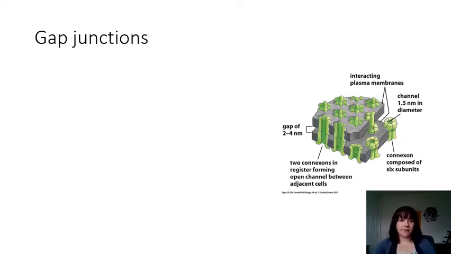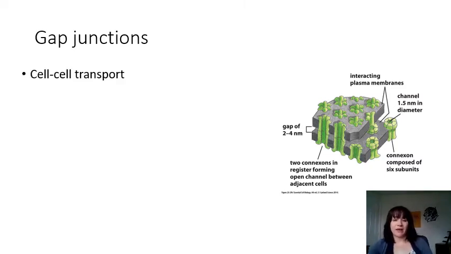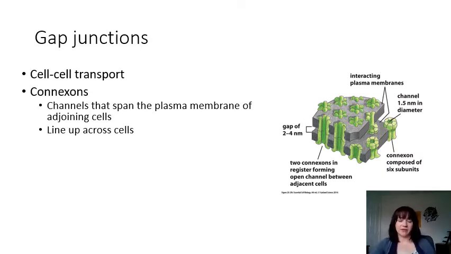The last type of cell junction to talk about are gap junctions. And as the name suggests, it is a gap, a hole, that spans two cells. And this is great for quickly moving things from one cell to the next.